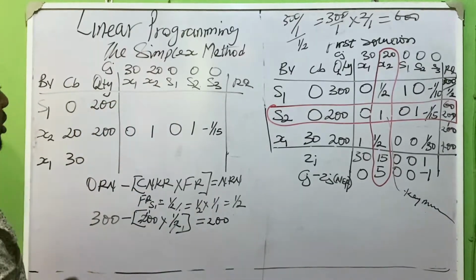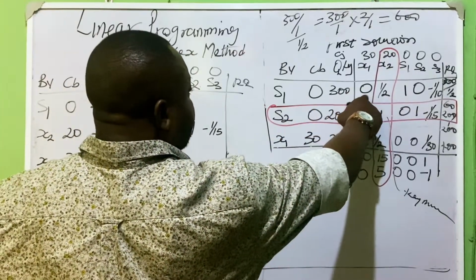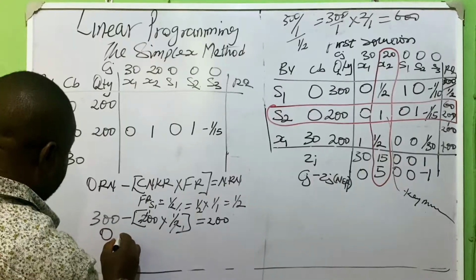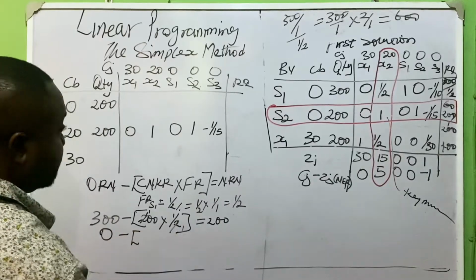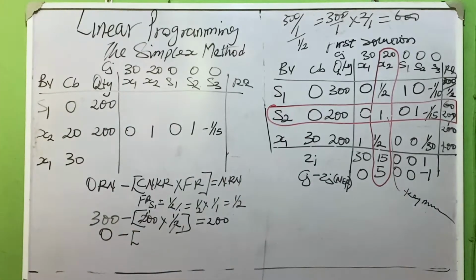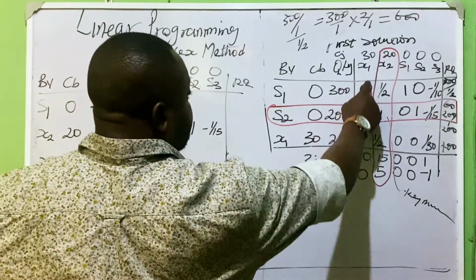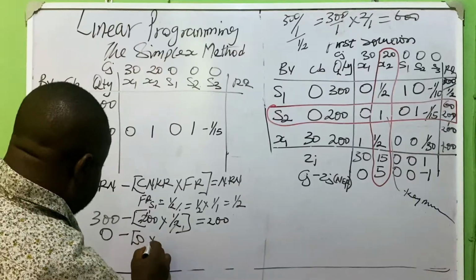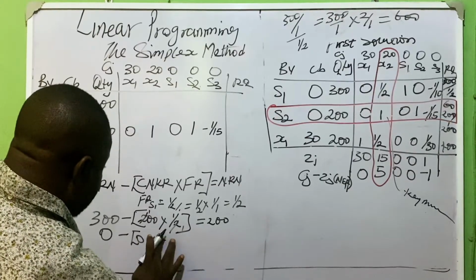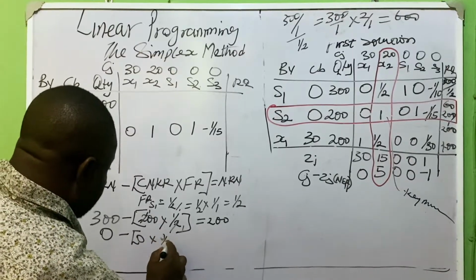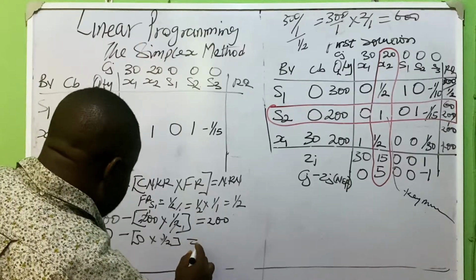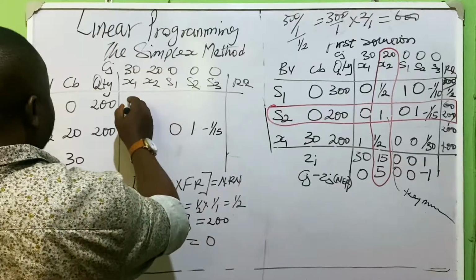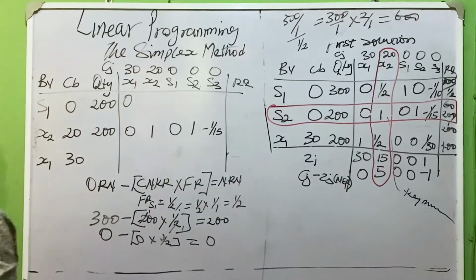Now the next will be to transform 0. So have 0 minus the corresponding value to this 0, which is also 0. So have 0 multiplied by the fixed ratio, which is 1 over 2. And the product is 0. So I'm going to have 0.